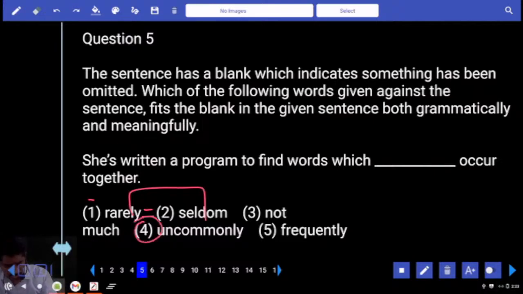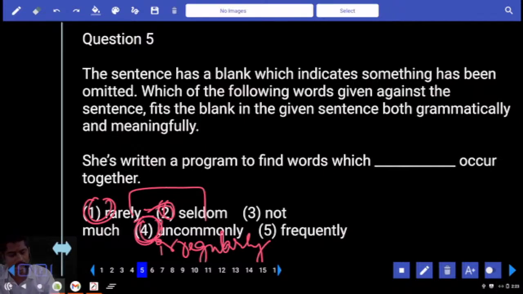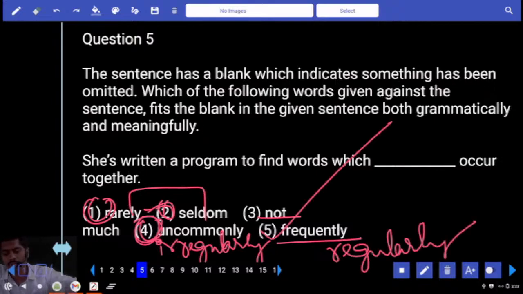Uncommonly also has the same meaning. 1, 2, 4 have the same meaning. Commonly means regularly. Uncommonly is nothing but irregularly. So rarely. 1, 2, 4 same meaning. Answer 3, 5. Frequently means regularly. Odd man out is our answer here. Fifth option: she has written a program to find words which frequently occur together.